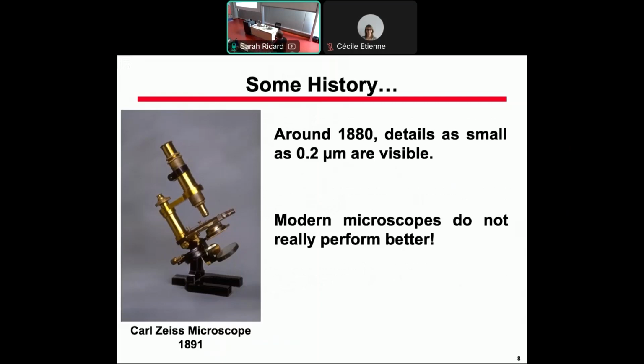With such a microscope, not this objective but a dedicated one, small details as small as 200 nanometers were visible. And the classical modern microscopes, in fact, do not really perform better. The ergonomics is better, of course, the field of view is better, the color correction, but basically in terms of resolution, it was not better.